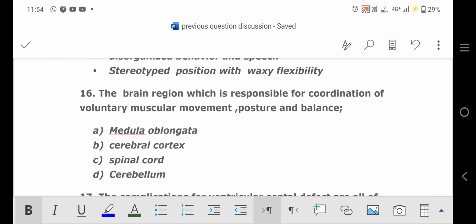Next question. The brain region which is responsible for coordination of voluntary muscular movement, posture and balance. Options are medulla oblongata, cerebral cortex, spinal cord and cerebellum.